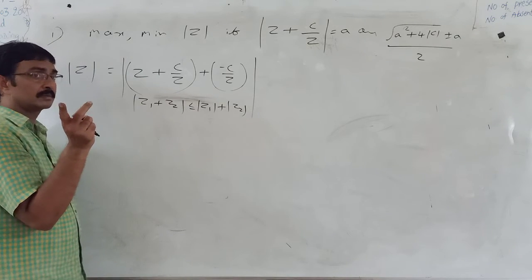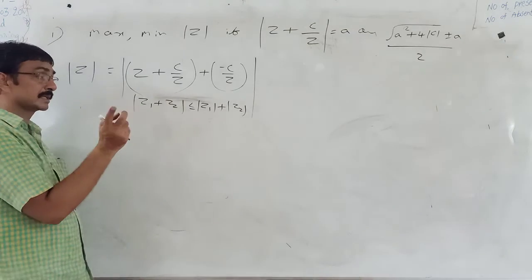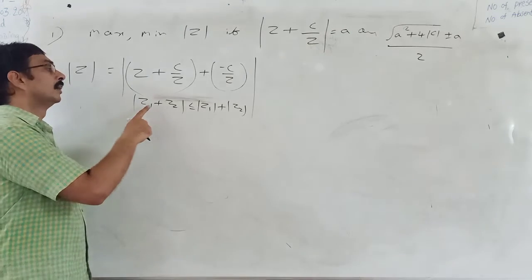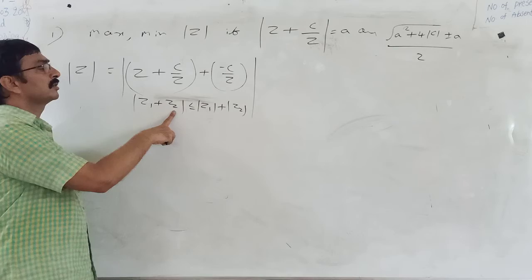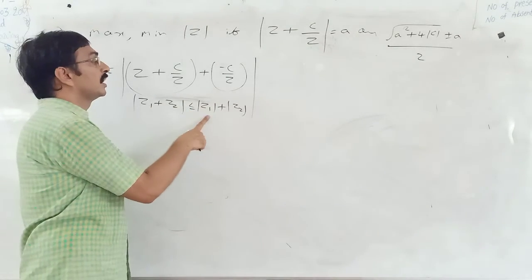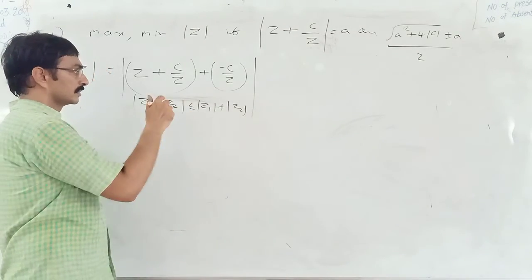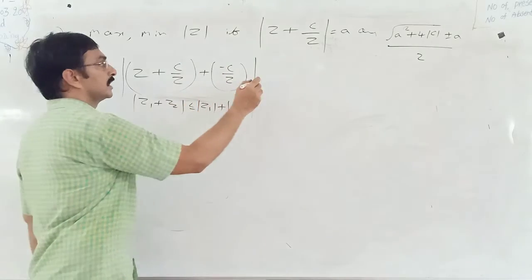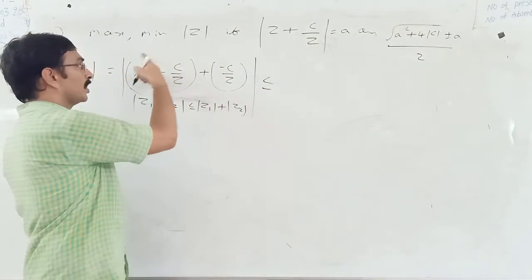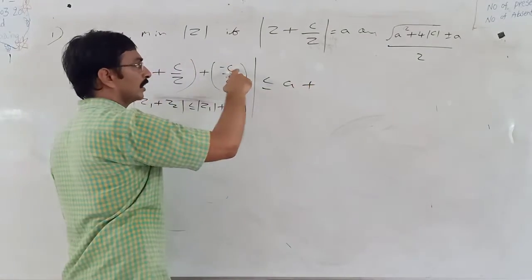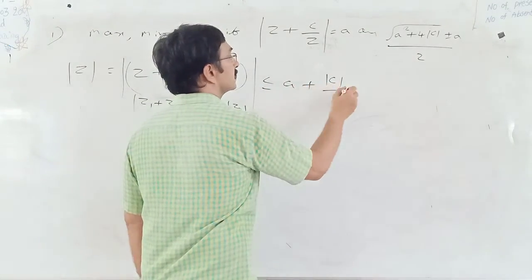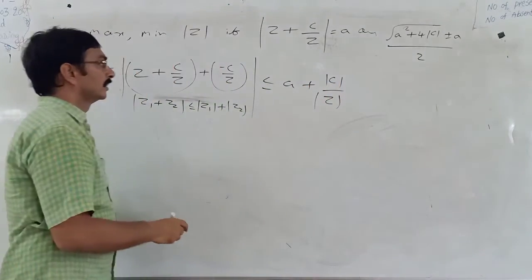For any two complex numbers z1, z2, modulus of z1 plus z2 is less than or equal to mod z1 plus mod z2. So this is z1, this is z2, less than or equal to a plus modulus of this, which is mod c by mod z.